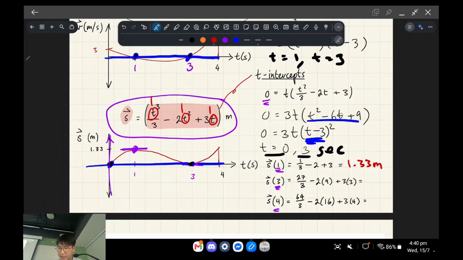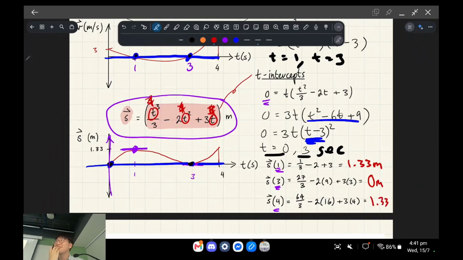And if I sub in 3 instead for all of these values, then I would get this, and if you compute that, it gives you 0. And for t is equal to 4, if I do 4 instead for all of these, I get all this, and if you compute that, that's 1.33.